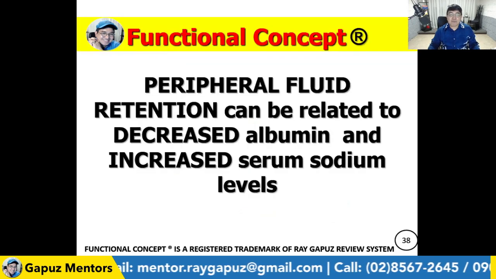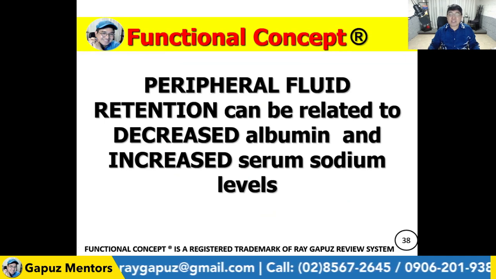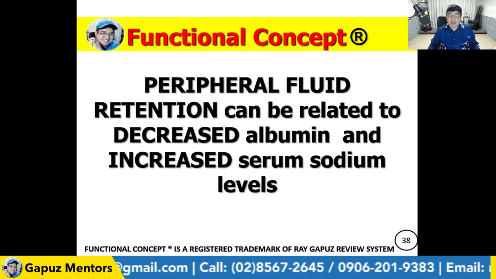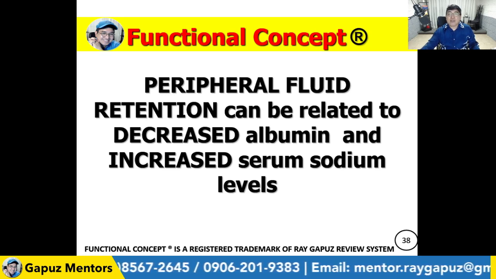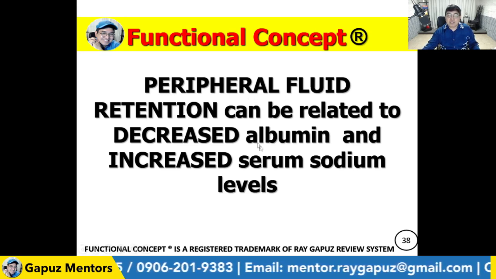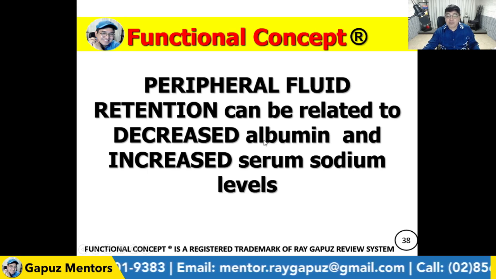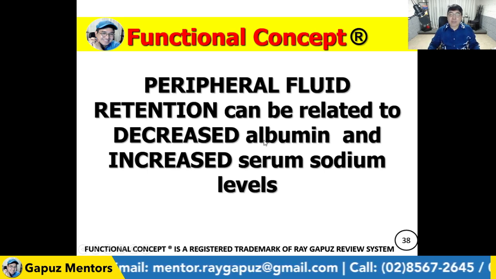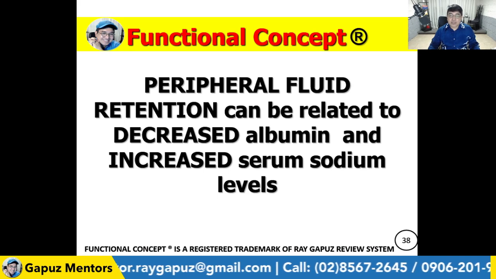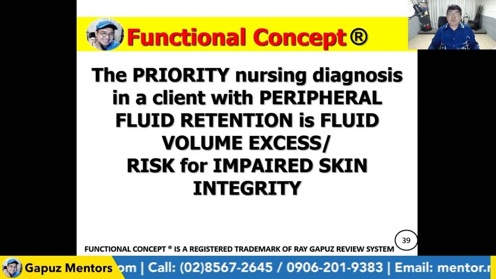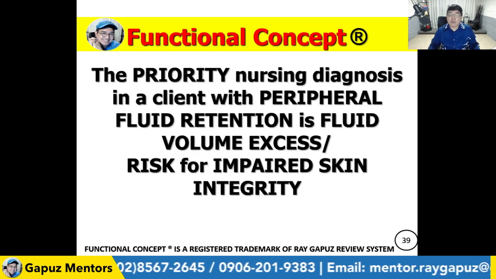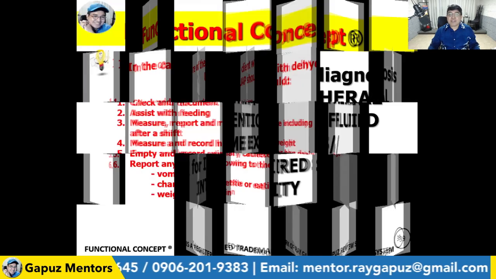Peripheral fluid retention can be related to decreased albumin and increased serum sodium levels. So when the patient develops edema, it simply means that the client's albumin level is low, or below 3.5. So the priority nursing diagnosis in a client with peripheral fluid retention is fluid volume excess or risk for impaired skin integrity.